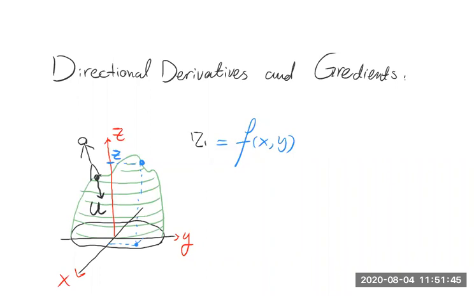So you want to go in different directions and see what slope you would feel if you are on a hill or on a mountain, okay? So in this case, we have a function from a two-dimensional space, R2, x and y, to R. And we want to know what is the slope in a given direction.